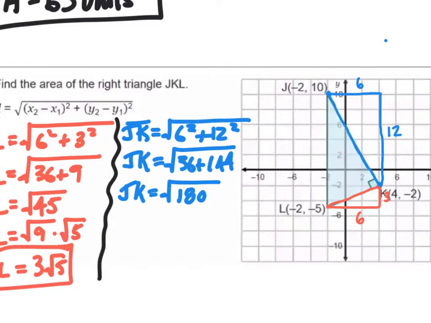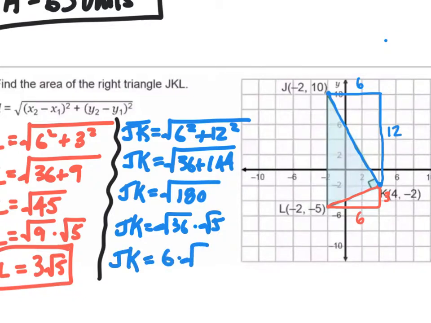Now, taking out a perfect square out of 180, the one that I found is I can take out the square root of 36. So I can do the square root of 36 times the square root of 5, and this is just going to give me 6 times the square root of 5.